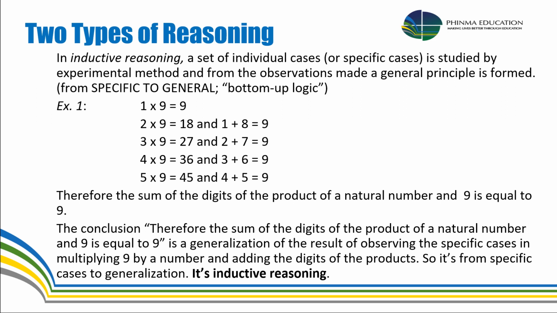Therefore, the sum of the digits of the product of a natural number and 9 is equal to 9. It's a generalization of the result of observing the specific cases in multiplying 9 by a number and adding the digits of the product. So it is from the specific cases to generalization. So it is an example of inductive reasoning.